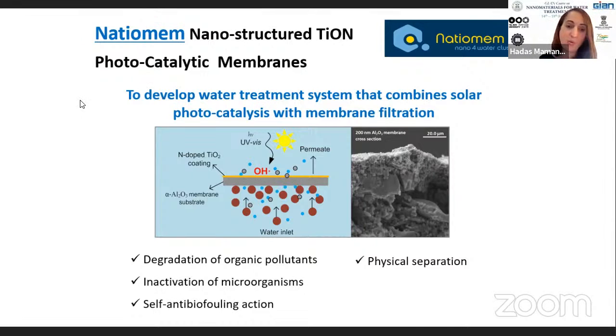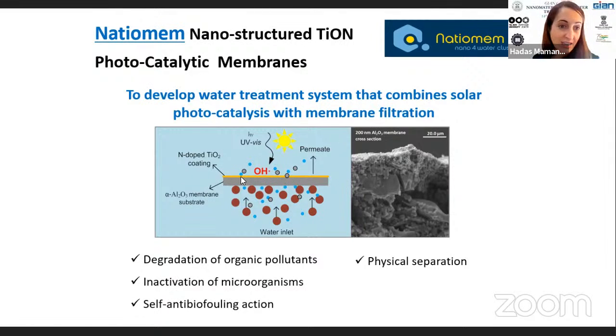So the idea was to use a ceramic membrane. And because we wanted the process to be low cost, we did not design our own ceramic membrane. We just purchased ceramic membranes from the industry. Actually, we looked for the lowest cost ceramic membranes that we could purchase, because we wanted to make the process affordable.